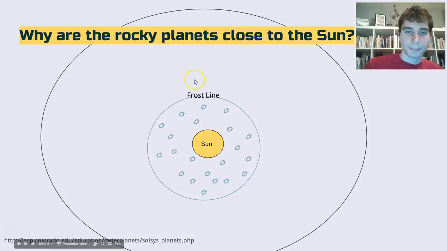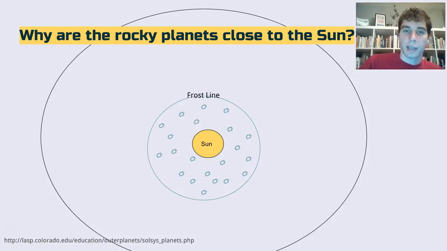Well, it turns out that when the sun was forming, it was very hot, as it is now. And it was so hot that the things very close to it, such as the metals and the rocks, could actually condense.